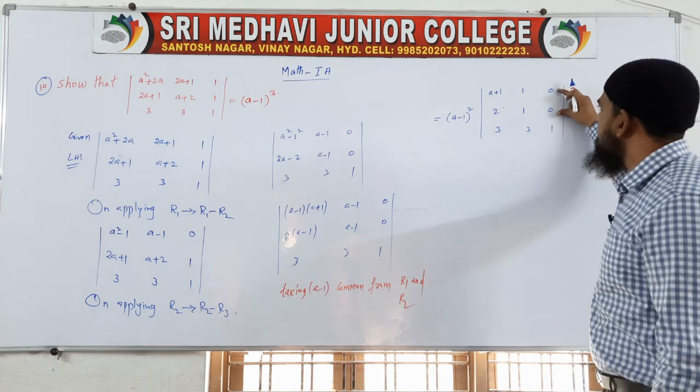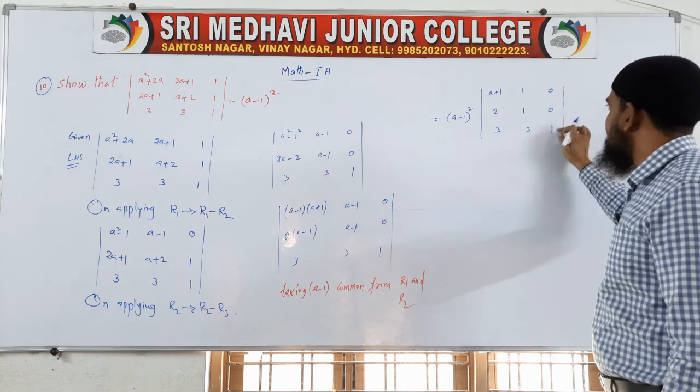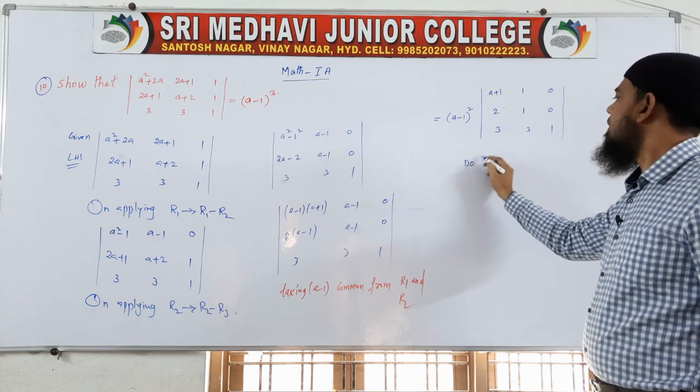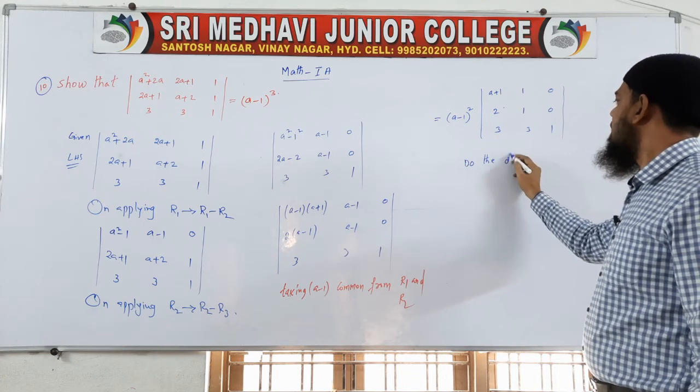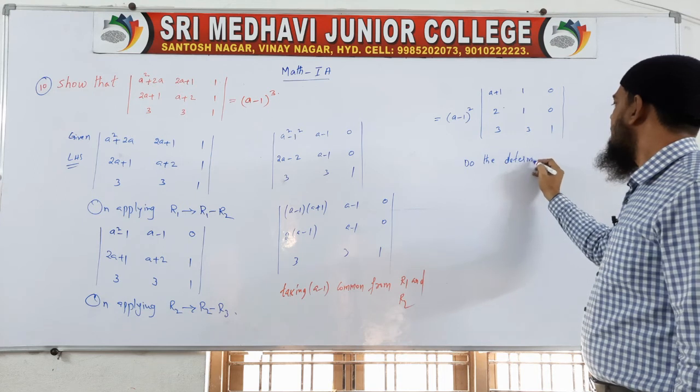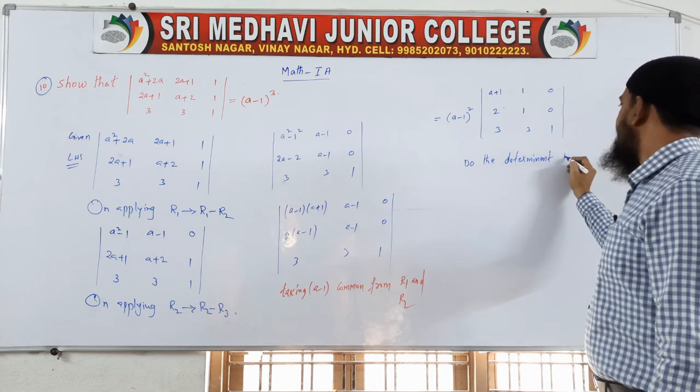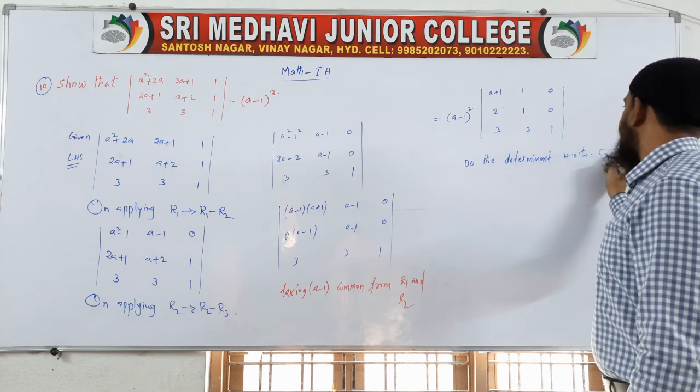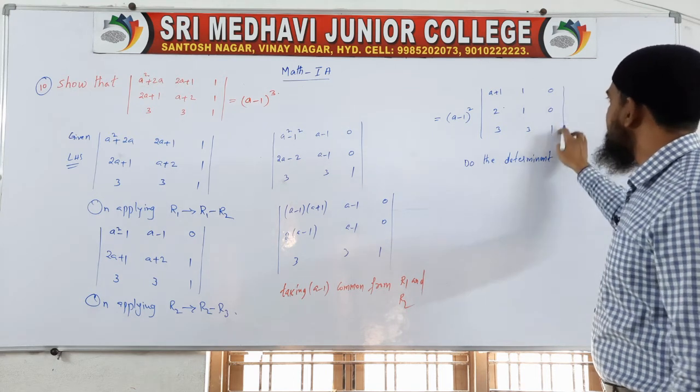We are getting double 0 here. So it is called C3. Expand the determinant with respect to C3.